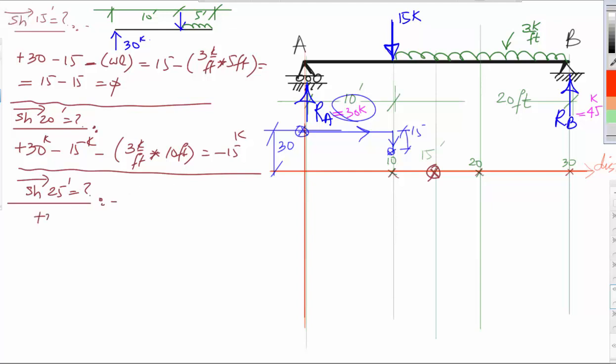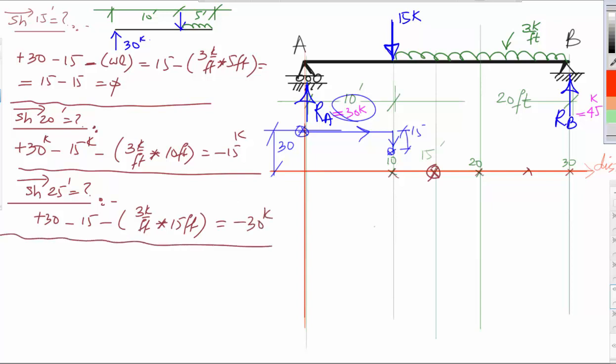So I'll have again plus 30 minus 15 minus 3 kip per foot multiplied down, 15 is somewhere around here, so it will be distance 15. So distance 25 will read 15 for the uniform load, 15 feet is equal to, so I get minus 30 kips. And this point should read minus 45 to be able to close the diagram.